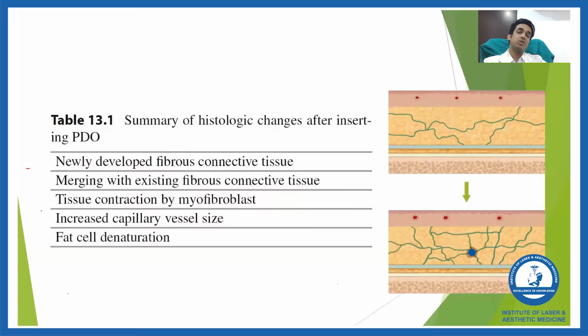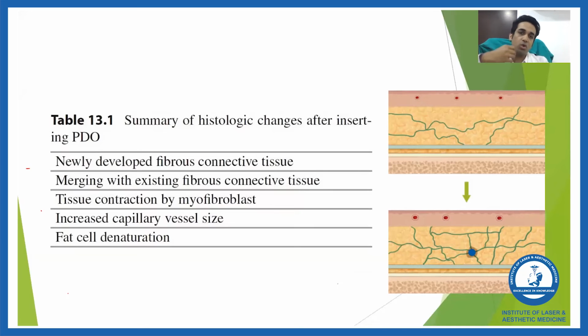So what happens now is, say you have achieved a facelift of, I'm just putting a random number to it, there are no such numbers, I'm just trying to explain, say you gave your patient a 10 millimeter facelift. After 6 months, it might just stay there as 8 millimeter, even though your PDO thread has resolved.